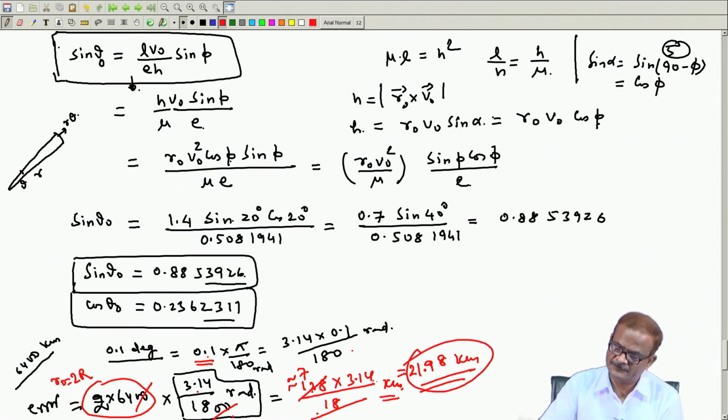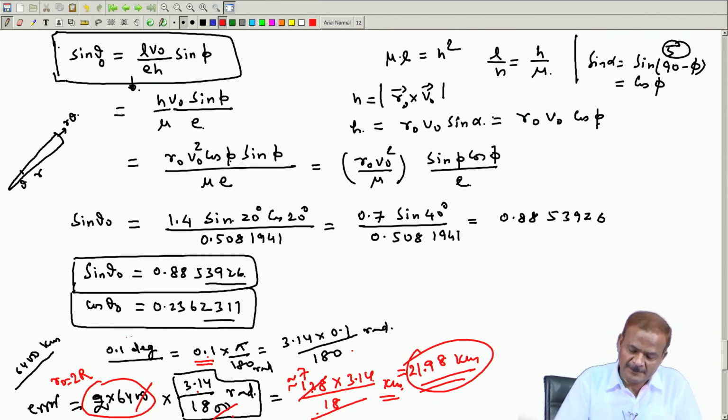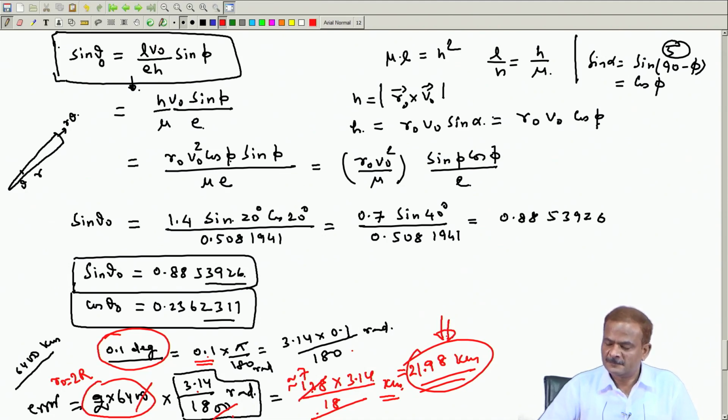So, this much of difference, if you make an error of 0.1 degree in measurement. This much of error you will be committing in positioning the satellite, and this is a very large error.